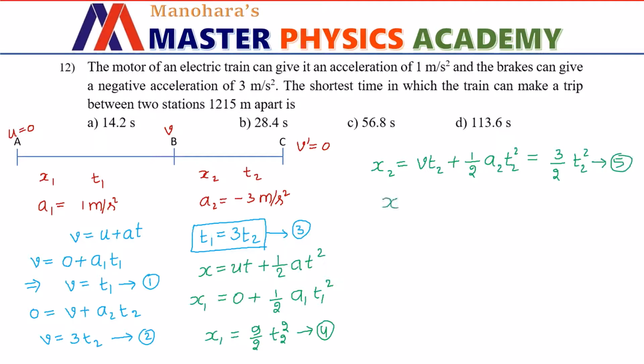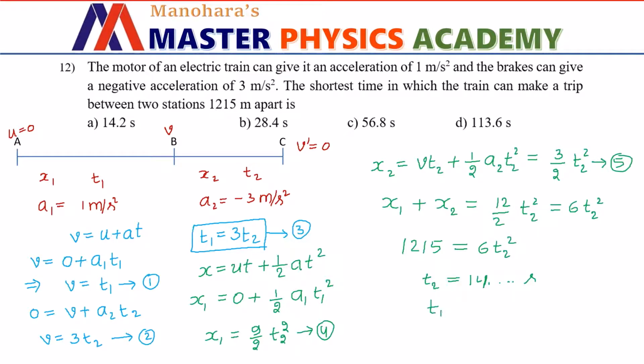Now x1 plus x2 is equal to 12 by 2 t2 squared, which is 6 t2 squared. But x1 plus x2 is the total displacement, which is 1215. So 1215 is equal to 6 t2 squared. Solving for T2, we'll get an answer very close to 14 point something seconds.